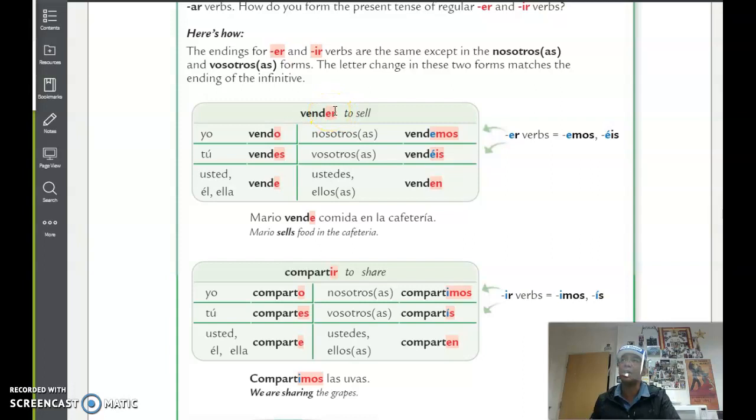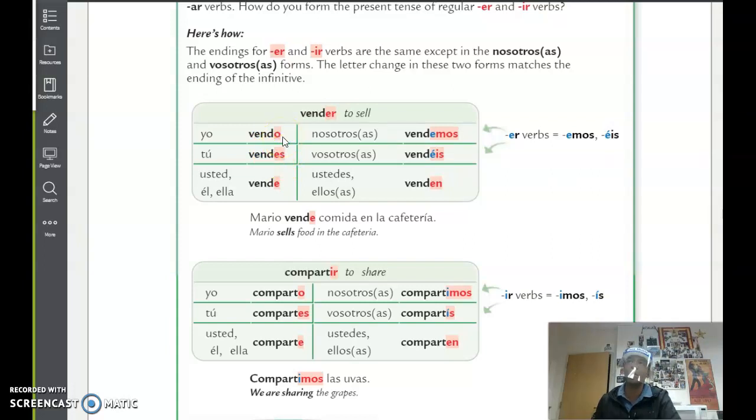So again, vender is in its infinitive form, its regular original form. So you drop that ER, or AR, or IR, and put the endings that belong. For yo, it would be O: vendo. For tú it is ES.